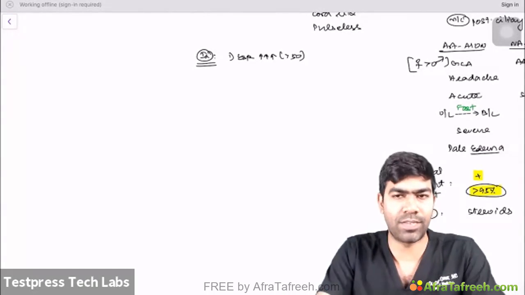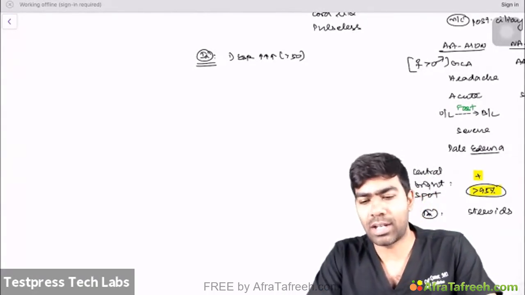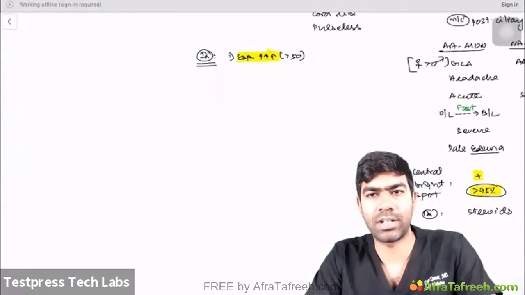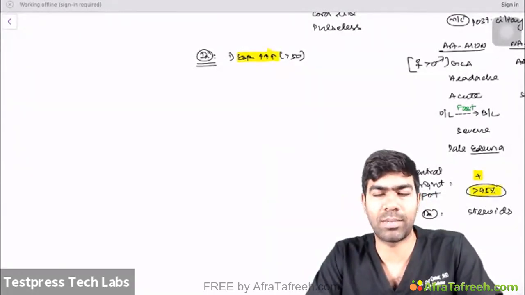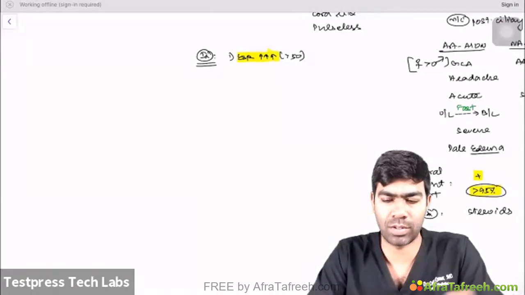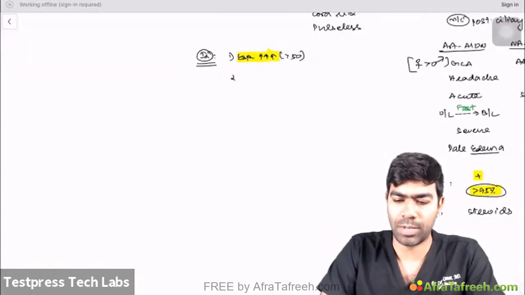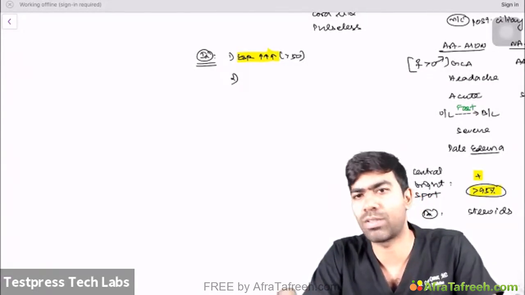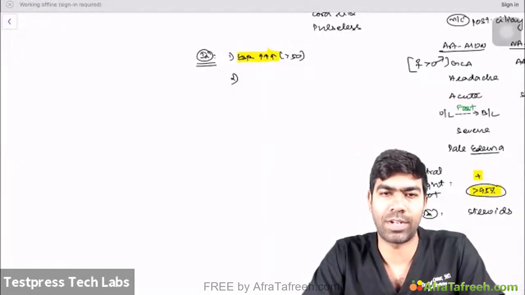Usually it will be more than 50 by definition, and ESR elevation is not essential for giant cell arteritis diagnosis. Some patients in literature have been described to have a normal ESR also, less than 50 also. So don't take it as a very important thing, but almost the majority, certainly 90-95% of the patients will have elevated ESR, and most of them will have a very high ESR, more than 50.